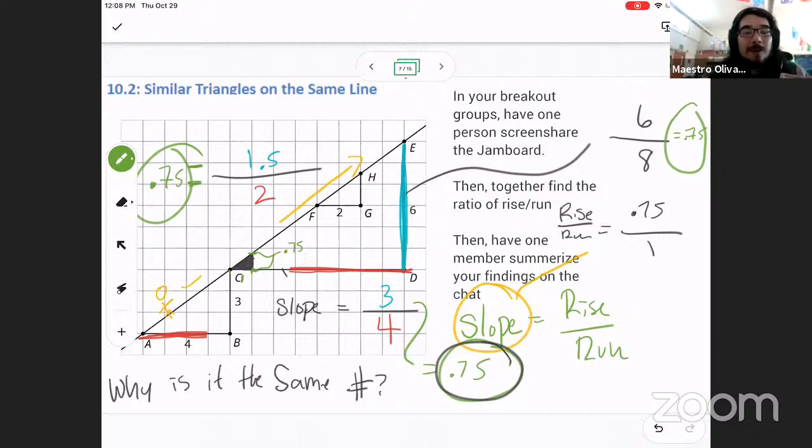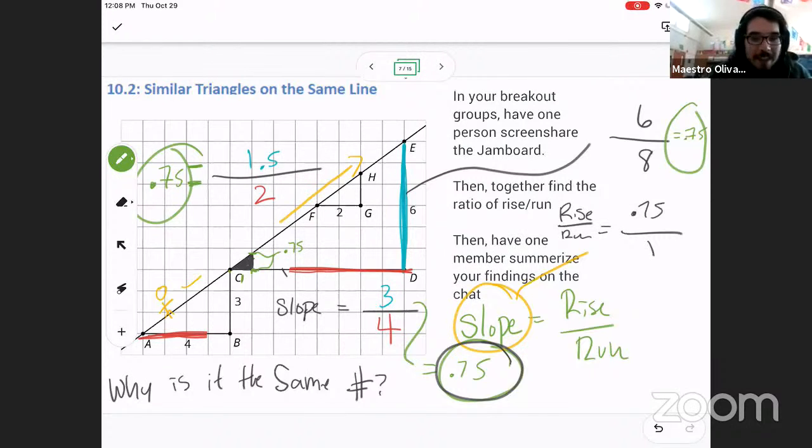The ratio does not change. The ratio, la proporción, it doesn't change. Last year, you talked about proportional shapes, right? You remember how shapes were proportional, meaning one is bigger than the other, but it's the same ratios.